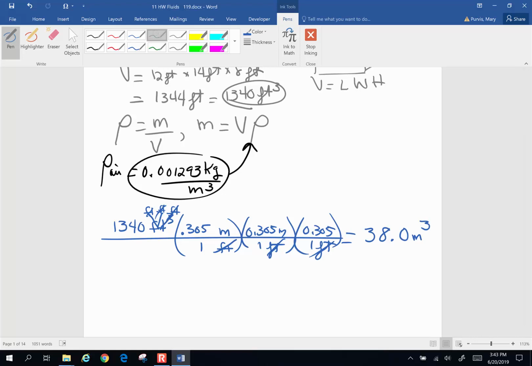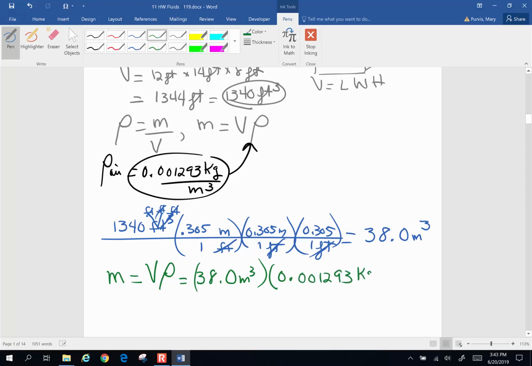So the mass of the air in his bedroom is going to be volume times density, 38.0 meters cubed times the density, 0.001293 kilograms per cubic meter.